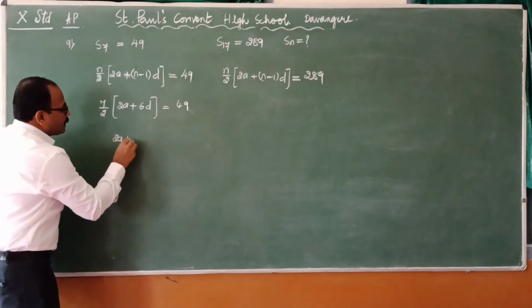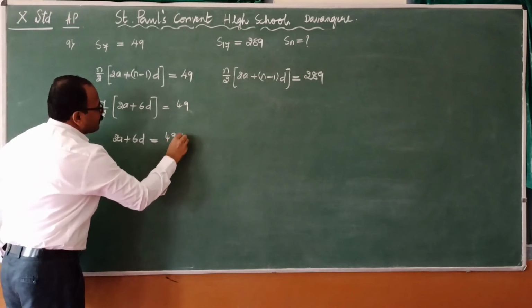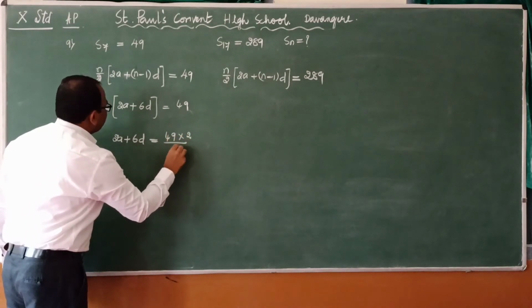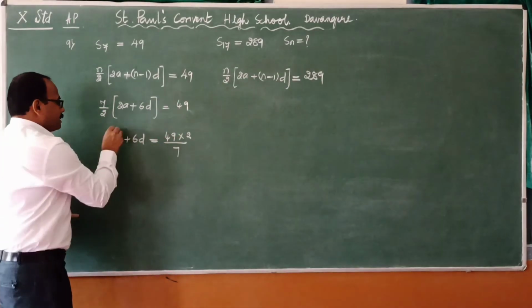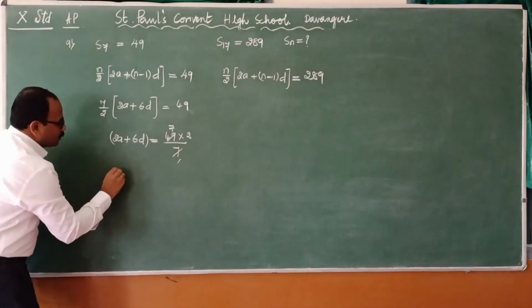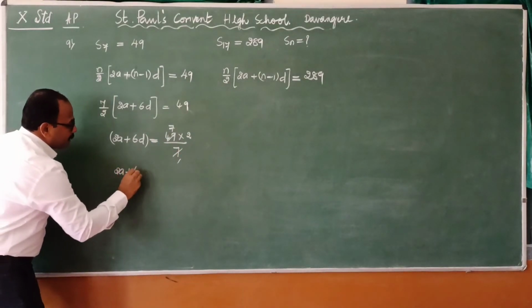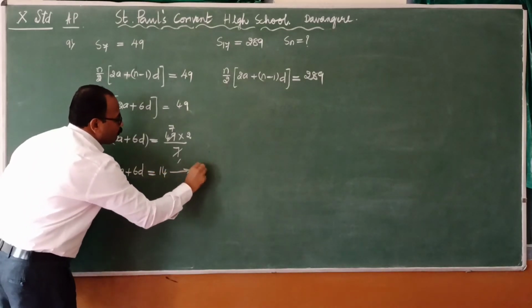Therefore, 2a plus 6d will be equal to 49 into 2 by this 7. 7 comes down, 2 comes up like this, children. Therefore, 7 sevens are 49, so 2a plus 6d will be equal to 14, equation 1, children.